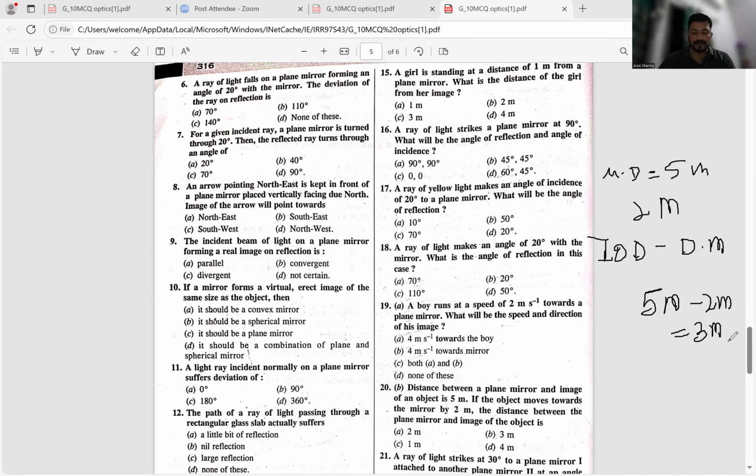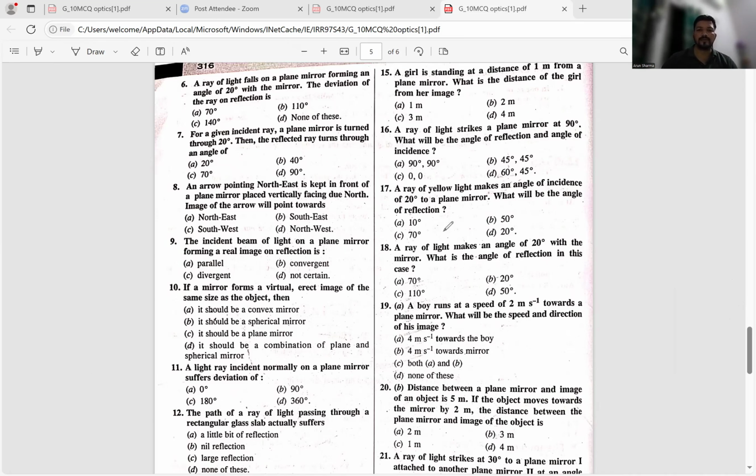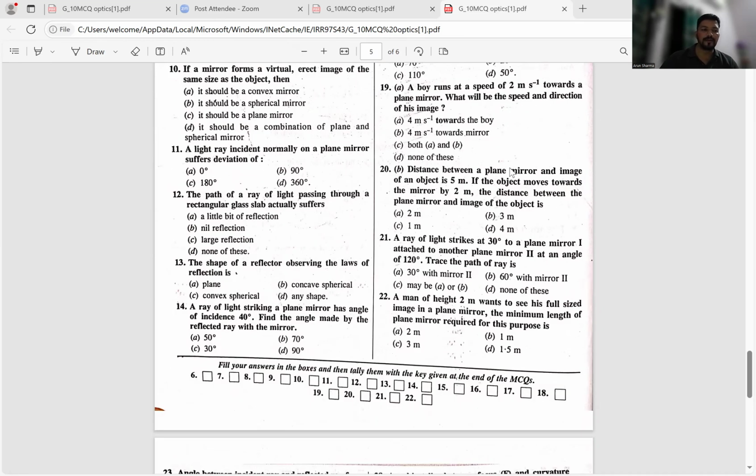So the new image is formed at 3 meter. So beta, for grade 10 it is more helpful, and for grade 11 it is also helpful for you. So understand the next question.